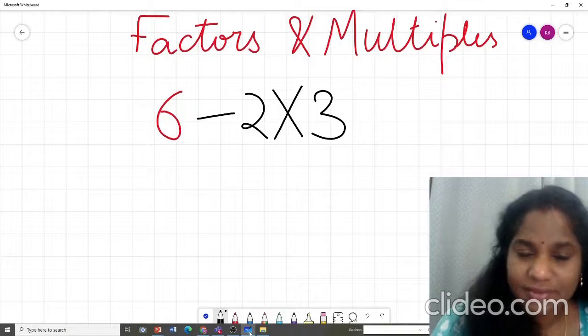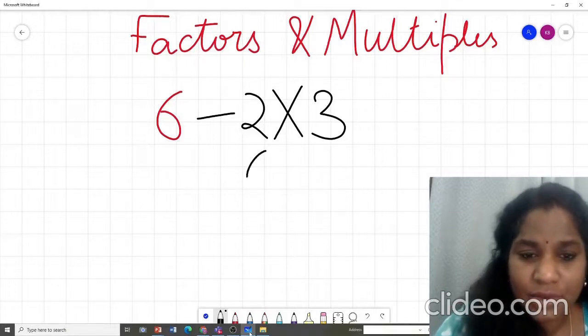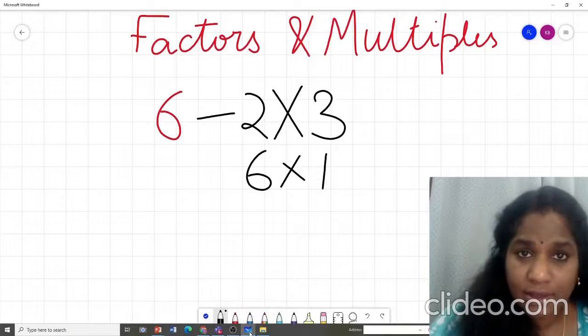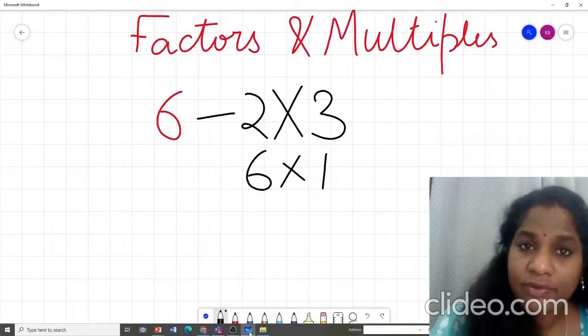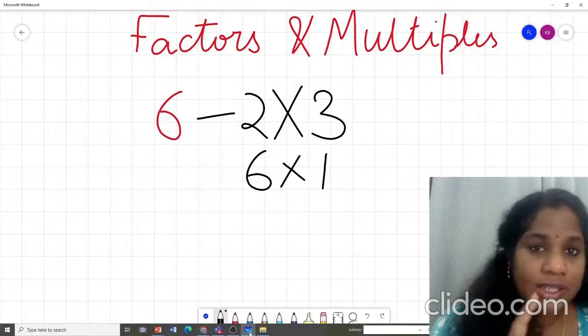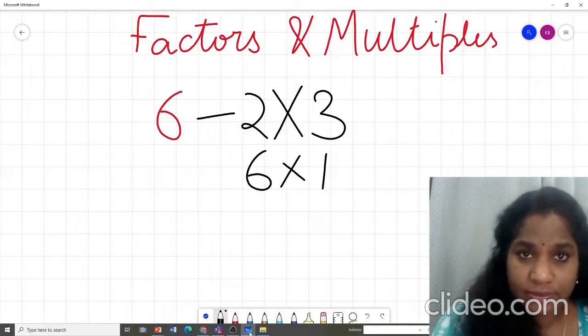Right? Perfect. 6 into 1. Definitely, because 6 into 1 is 6. Right? So 6 has 4 factors. What are the factors? 1, 2, 3 and 6. Clear? Okay. What is another thing about factor?